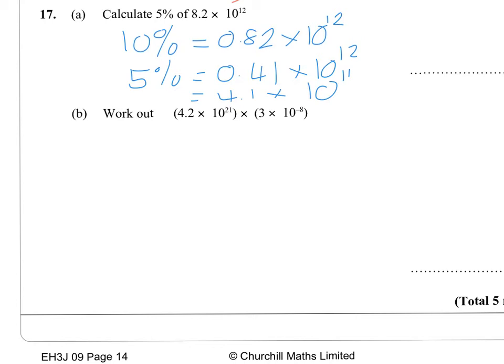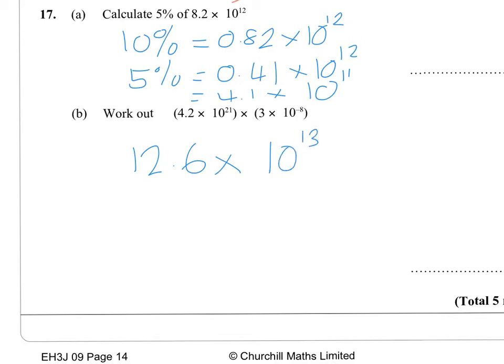This one here, the second one, deal with the numbers multiplied together first. 4.2 times 3, which is 12.6. And then index laws, 10 to the power 21 times 10 to the negative 8. You add the powers. So 21 plus a negative 8 will give you 13, 10 to the power 13.